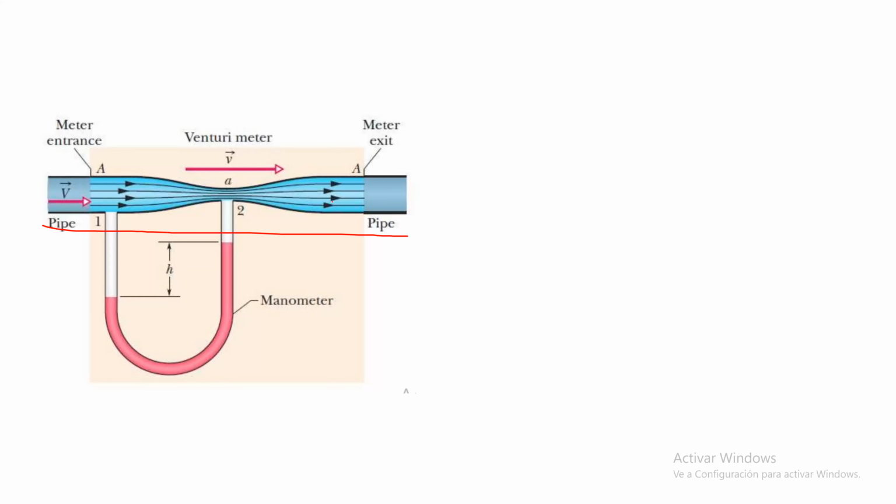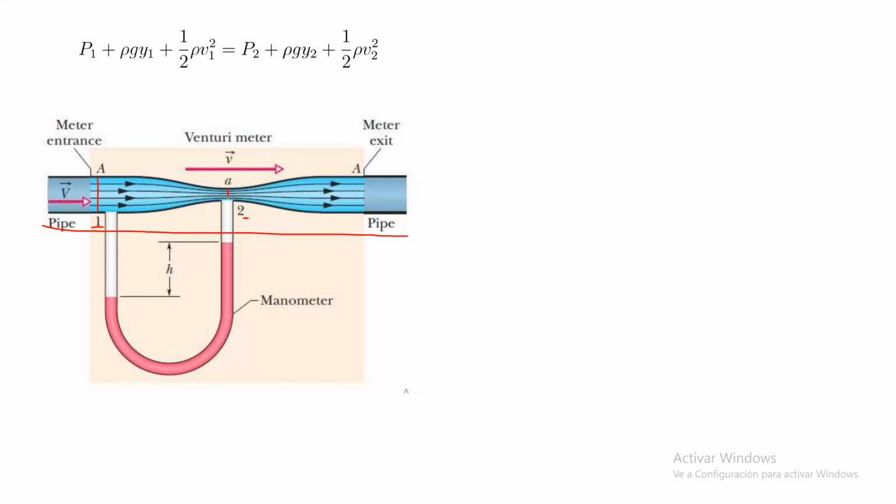So, if we try to apply the formulas we have seen for pressure, area, and velocity to the Venturi tube, specifically we're going to take this point 1, which will be in this area right here, and this point 2, which will be this smaller area right here.